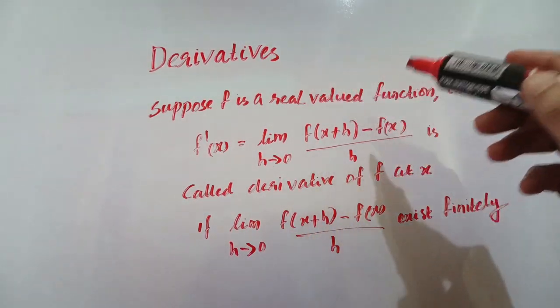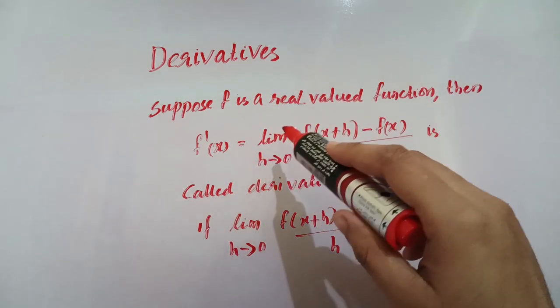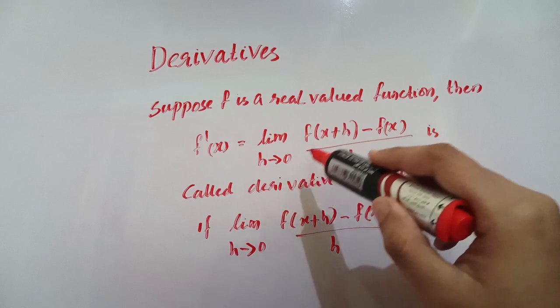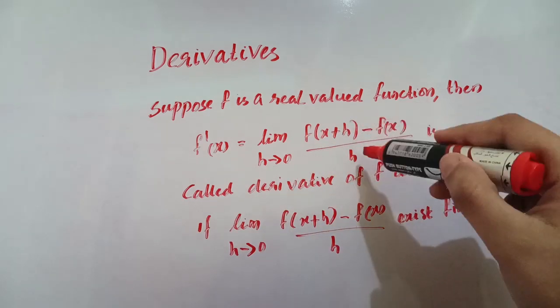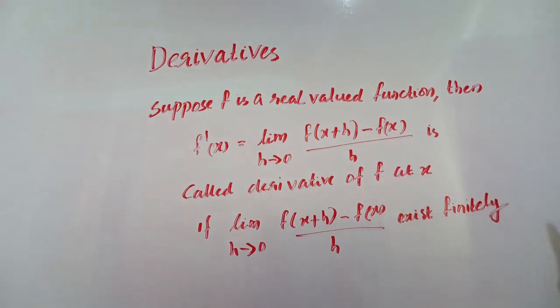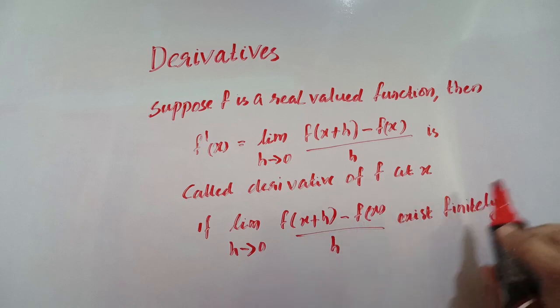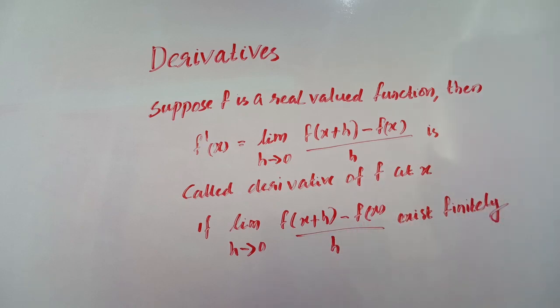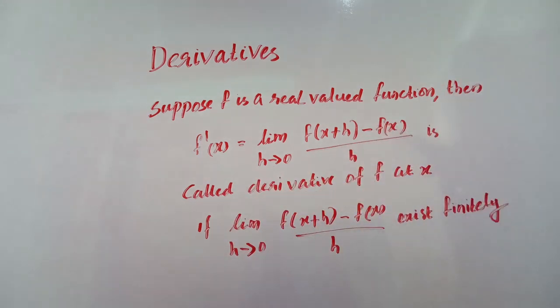Suppose f is a real valued function, then f dash of x equal to limit h tends to 0, f of x plus h minus f of x by h, is called the derivative of f at x. There is one condition: if the limit exists finitely, then this limit is called the derivative.